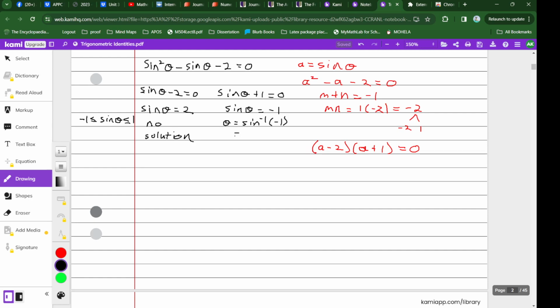And that's going to occur when we're at 3 pi over 2, according to our unit circle. And to extend that out, that means that theta equals 3 pi over 2 plus 2 pi k.